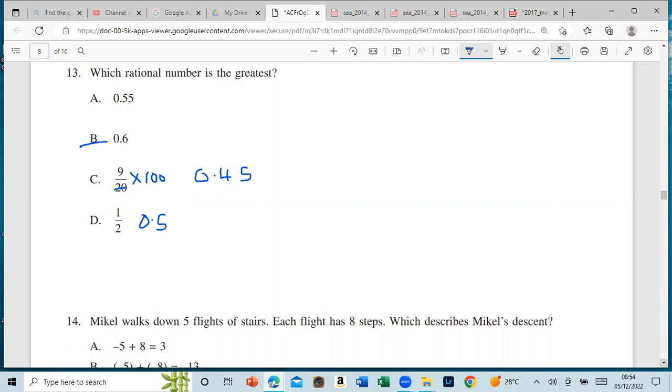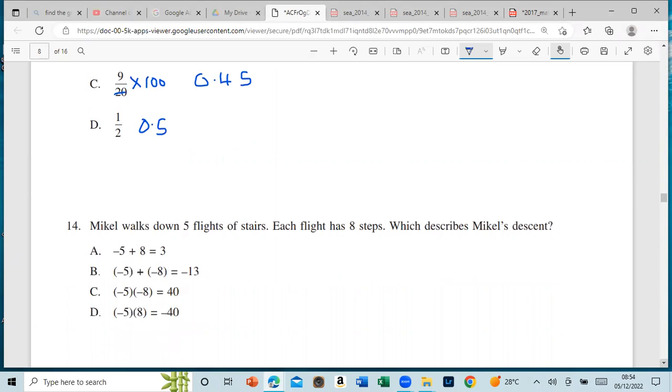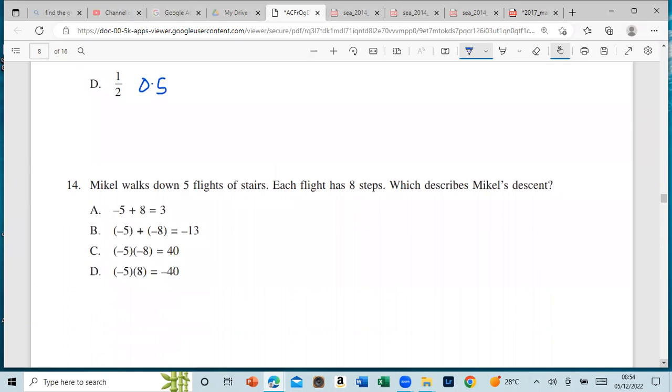Let's move on to 14. Mikhail walks 5 flights down the stairs. Each flight has 8 steps. Which describes Mikhail's descent? Alright, so it says Mikhail walks down.